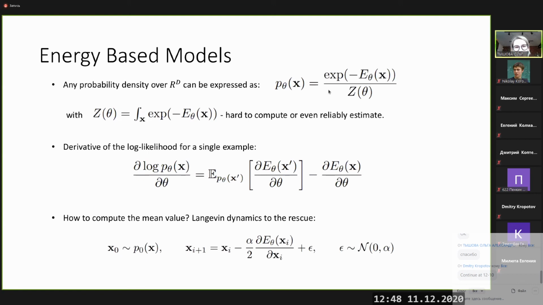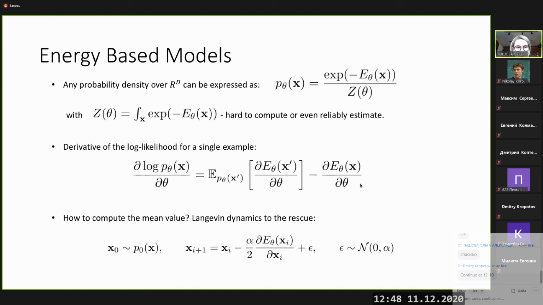Because the probability density function is defined with the help of an exponent of the energy function, we can express the derivative of the log likelihood for a single sample this way. This is the expected value over the probabilities minus the gradient of the energy function.